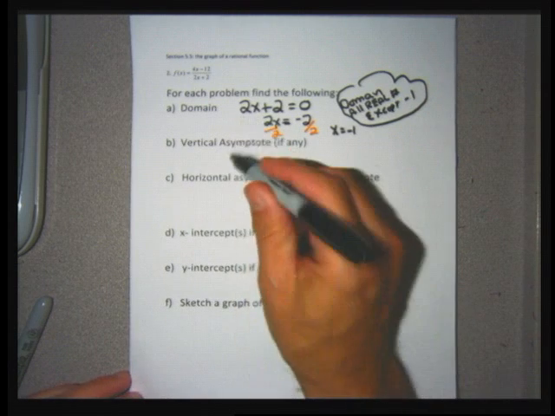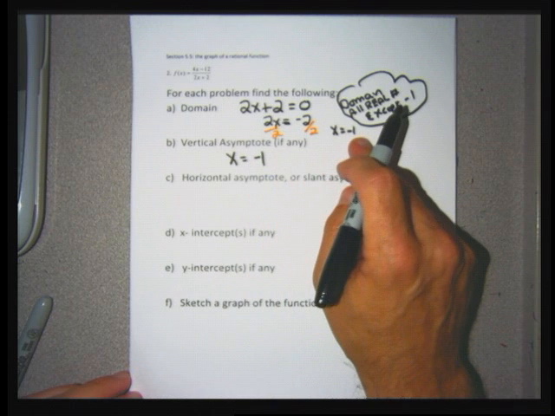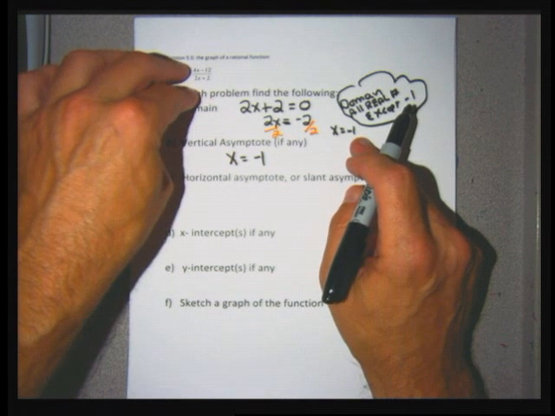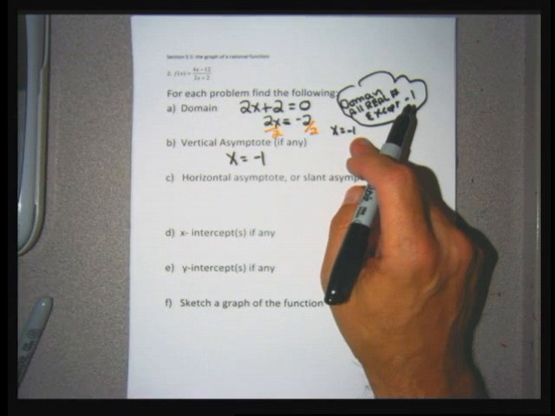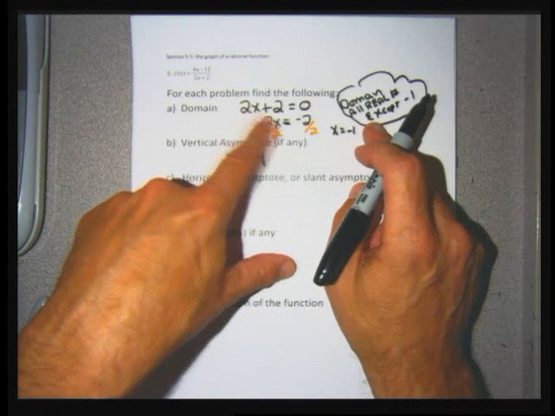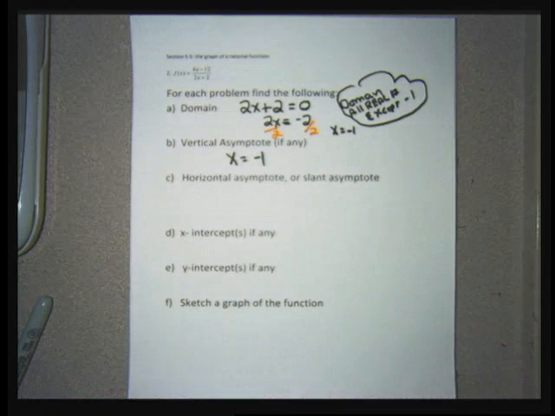The vertical asymptote is just that algebra, the result of the algebra from the domain, unless the original problem could factor and cancel the x out of the denominator that caused the solution to part A, but that won't occur in any of our problems, so it's not an issue to worry about.